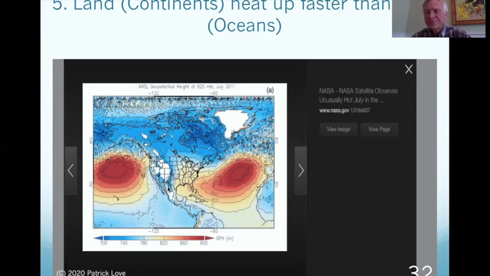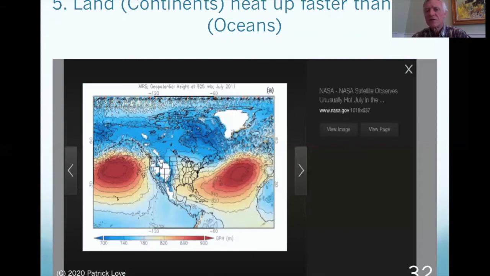If you remember our three-cell model, we would expect high pressure to be around 30 degrees north, and moving further north from that in the Ferrel cell. You see some of that here, but you also see that the North American continent is lower pressure, which is a variation in the three-cell model.